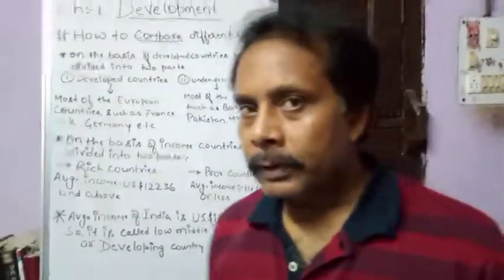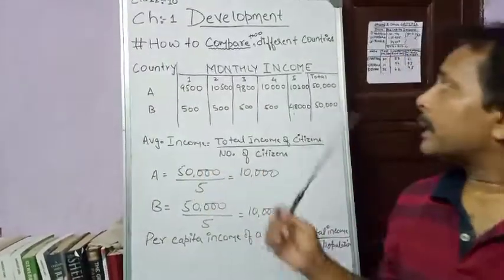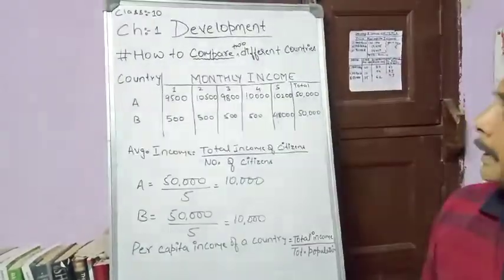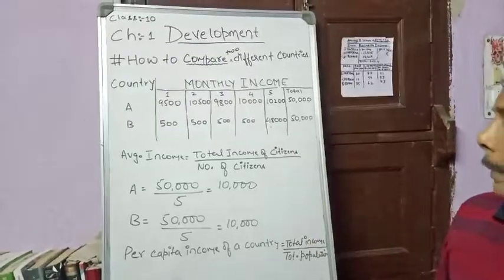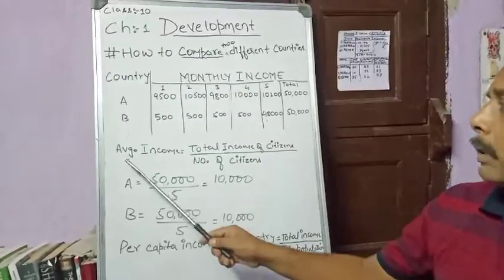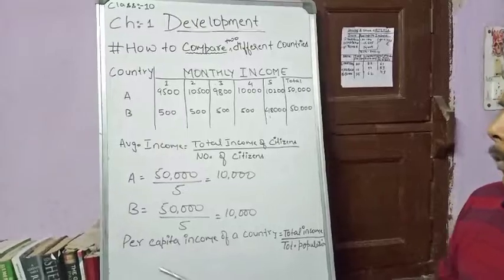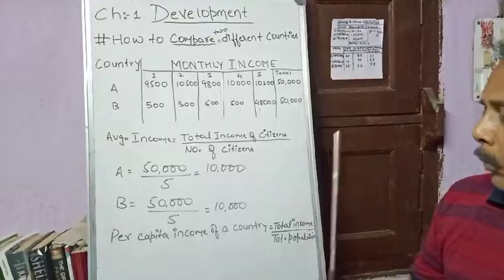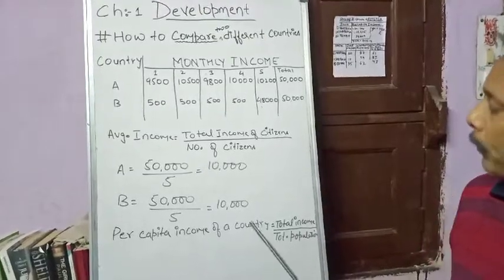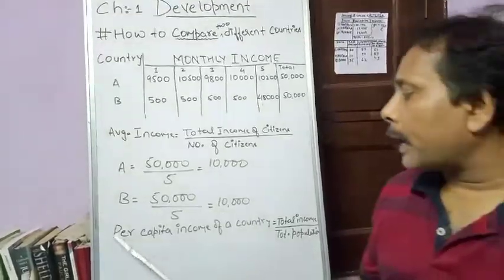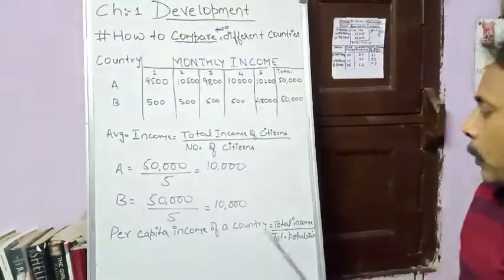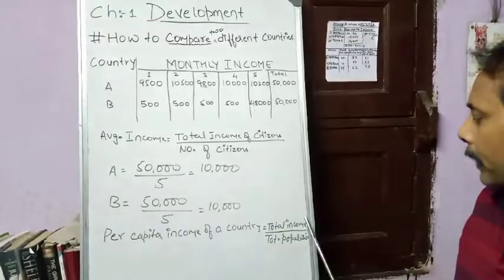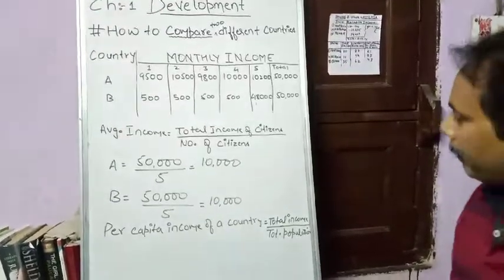Okay, so here I want to discuss how we compare two different countries. It is based on the per capita income, or on the basis of average income. Per capita income means the income of one person of a country. So how can we calculate the per capita income? Per capita income is equal to the total income of the country divided by the total population.